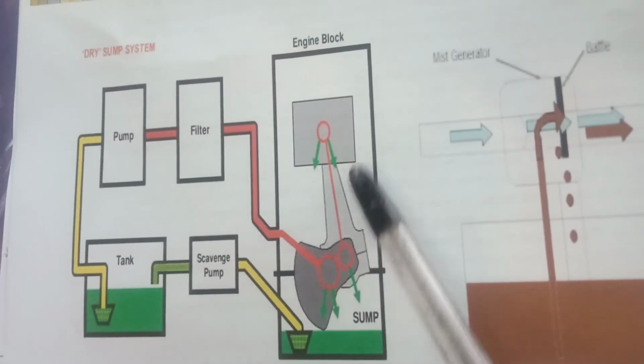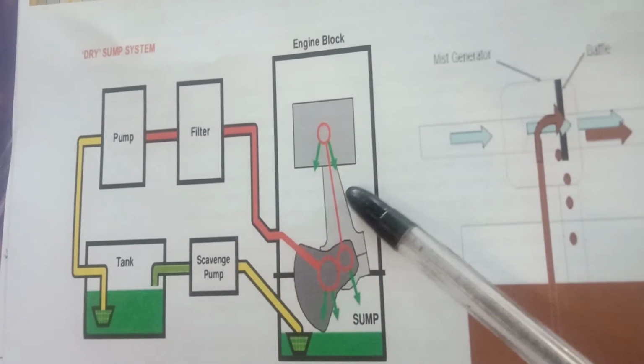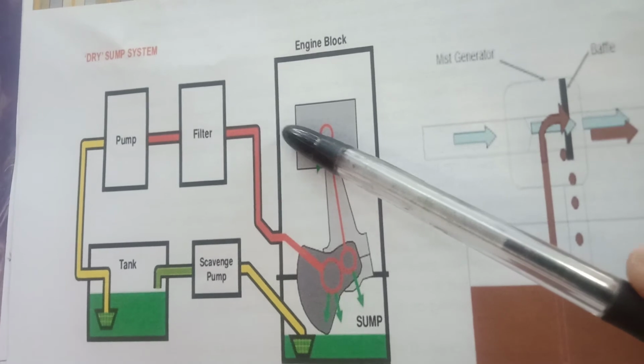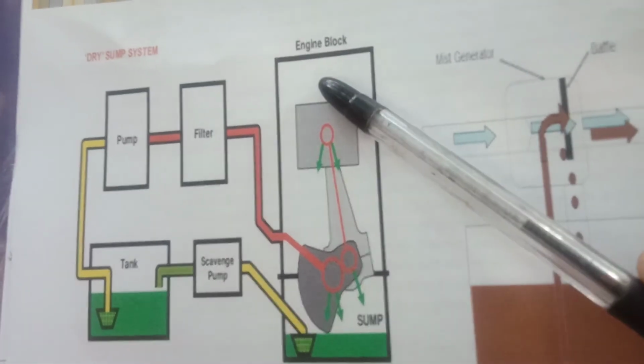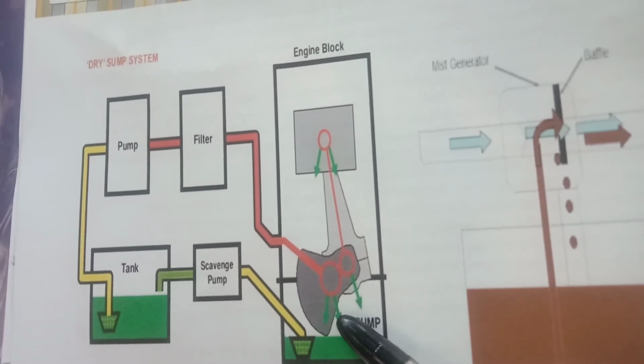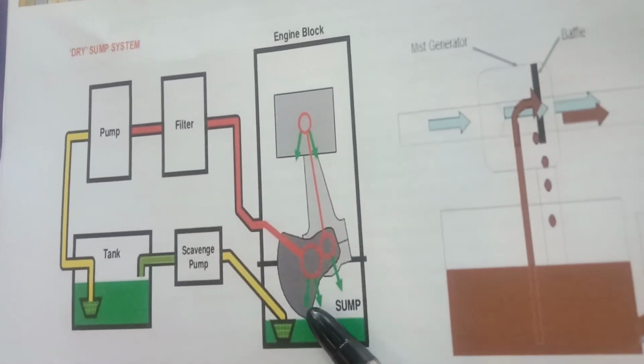The advantage is that if this engine is tilted 180 degrees, for example the engine block is exactly vertically downward and the crank is upward, then also this engine will work efficiently.